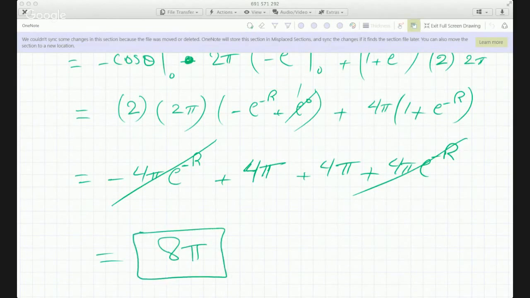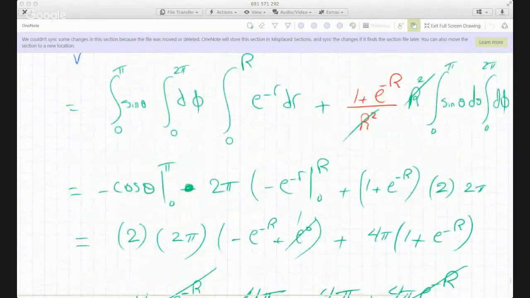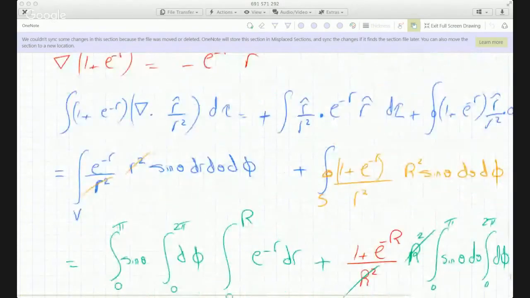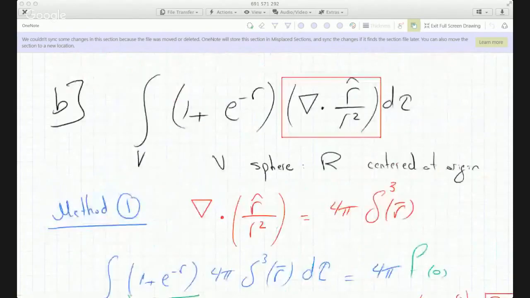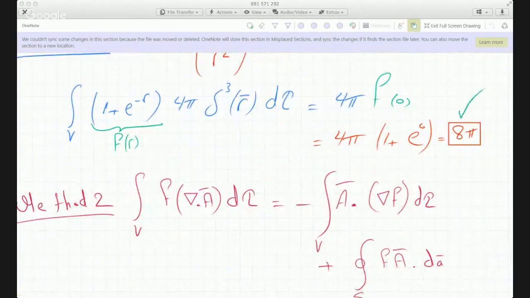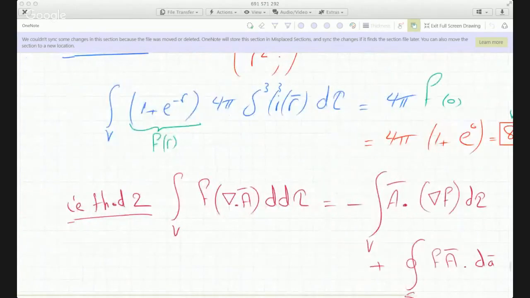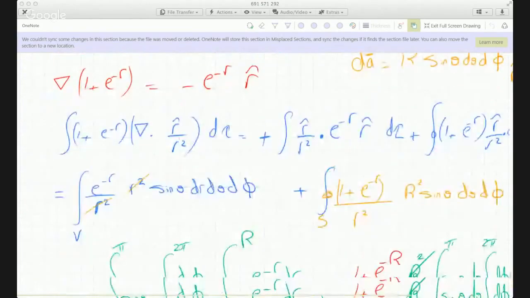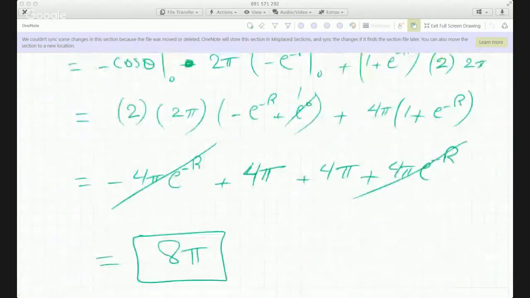So the final answer is 8 pi, exactly the same answer we got with one line here, 8 pi. You see? So it took a lot of work without, this is the power of the Dirac delta function. It just took quite a bit of work and integration to evaluate this integral without the help of the Dirac delta function.